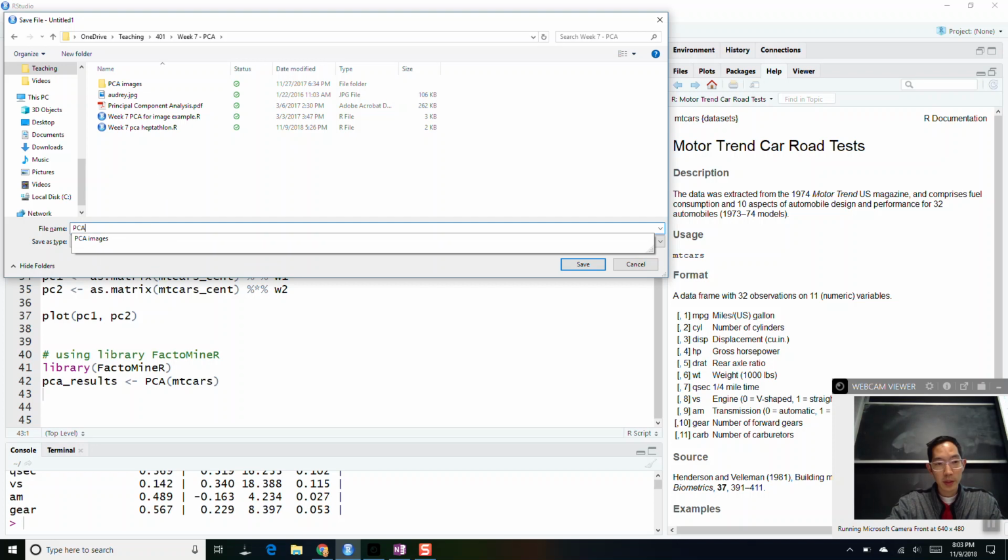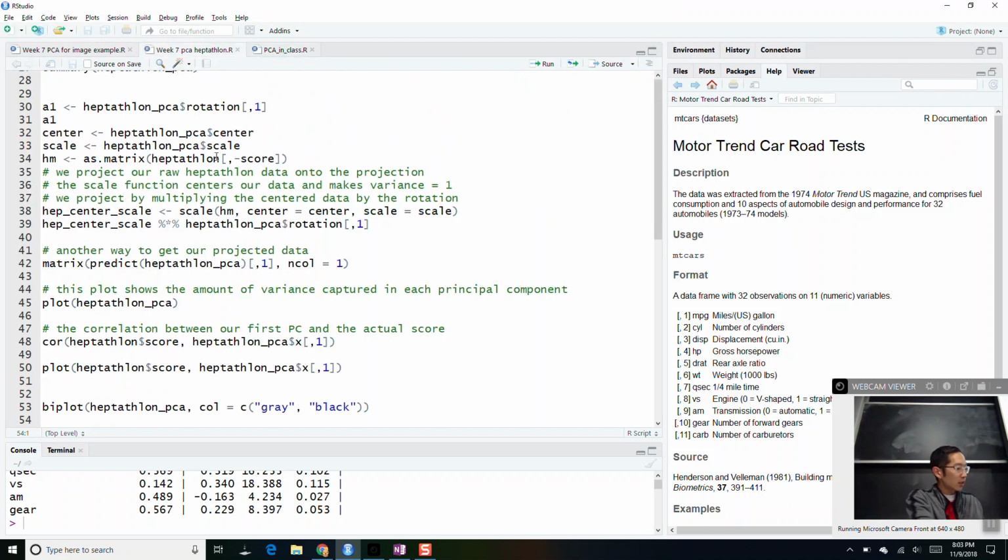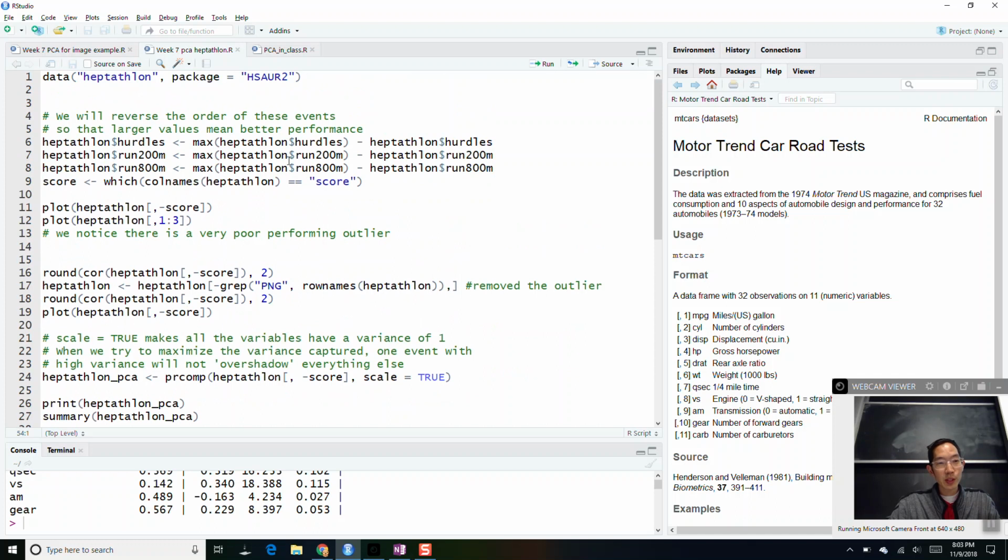In this textbook, Handbook of Statistical Analysis Using R, they have an example of PCA using heptathlon data.